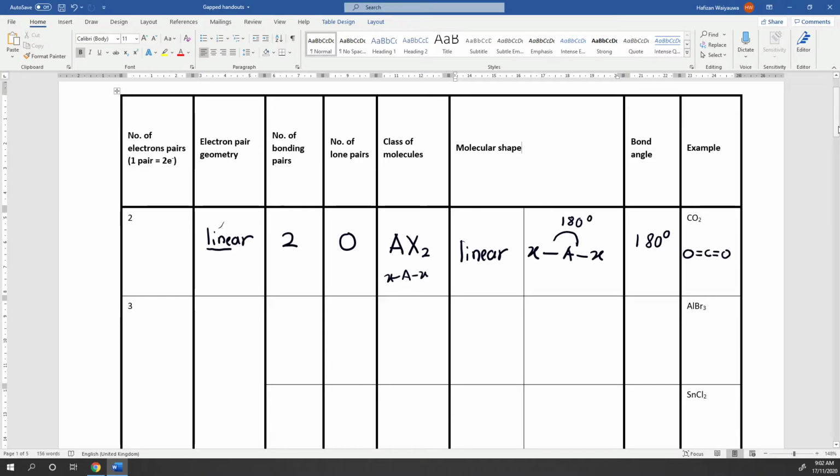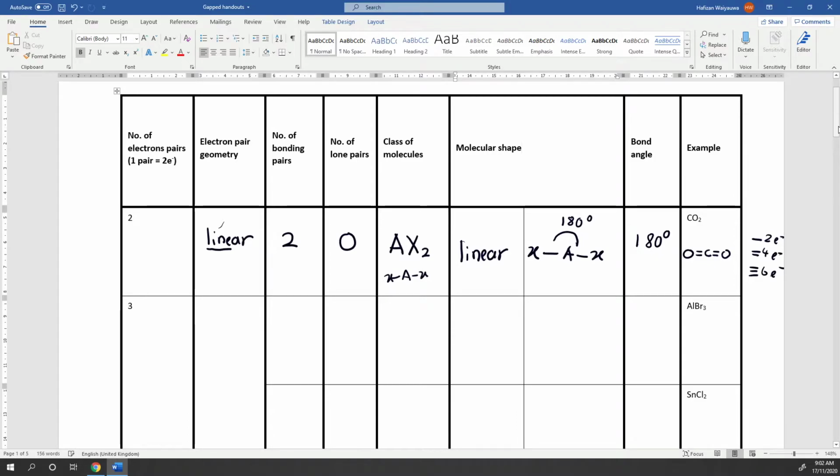Okay, for this, tak kisah dia double bond or triple bond, kita still kira kalau contoh C, dia bergabung dengan satu oksigen and then the second oksigen, kita kira dia as satu. So, single ke, double ke, triple ke, semua kita kira sebagai satu pair. Even though kalau you tengok, this one is 2 elektron, this one dah 4, this one dah 6.